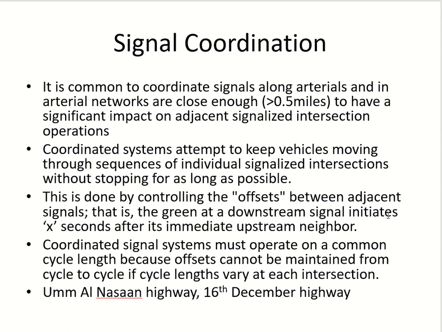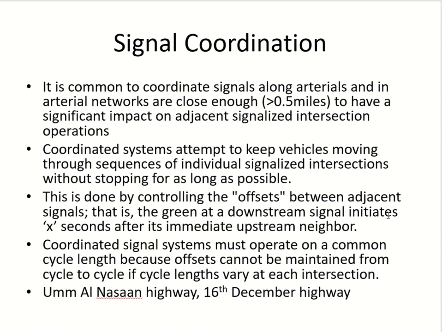Now what do I need to know to do the coordination? The vehicle arrives at the first signal, and I make it green. The next one, when should it become green? After that vehicle reaches the next one, right?